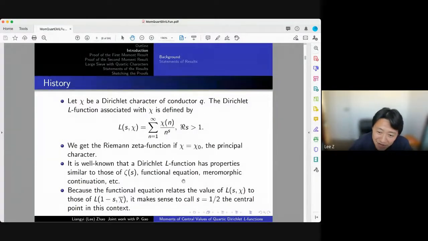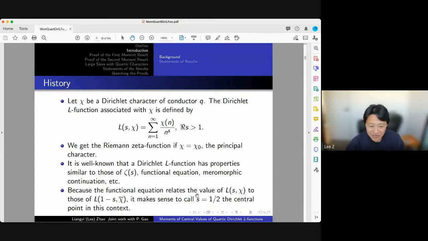So if I know what L(s, chi) is for real part of s larger than 1, then by this functional equation, I will know what L(s, chi) is for real part of s less than 0.